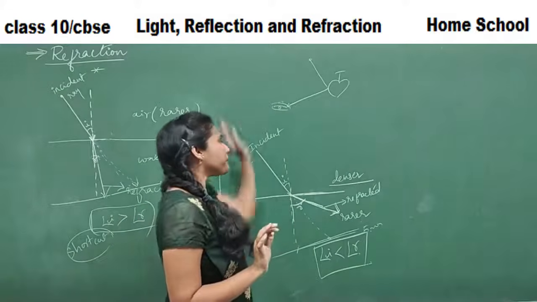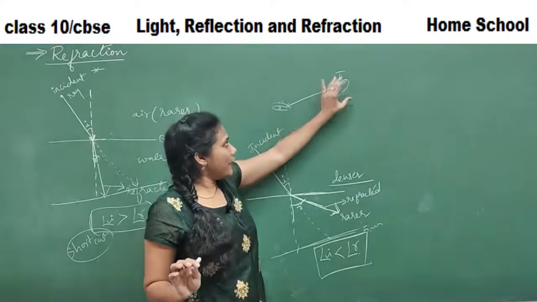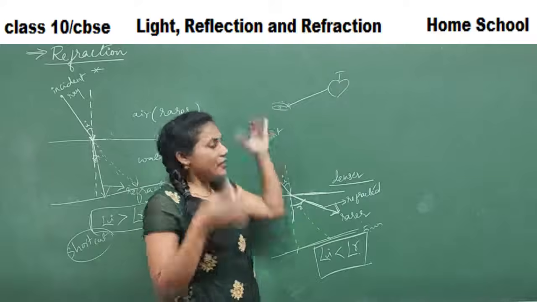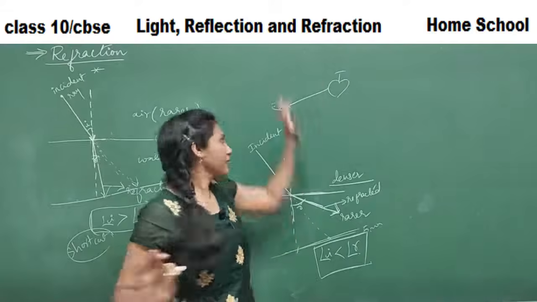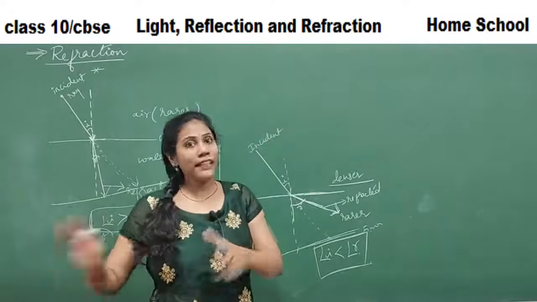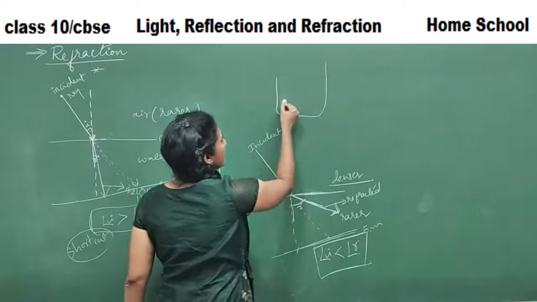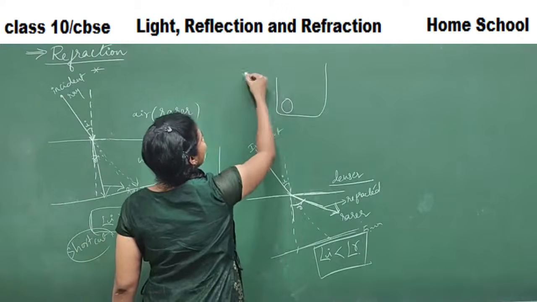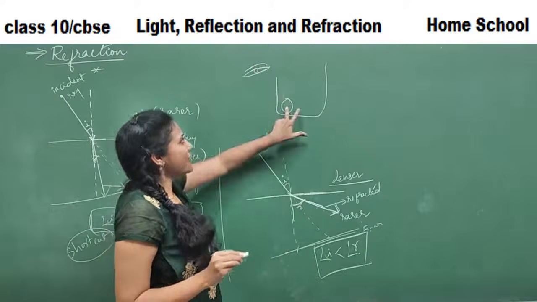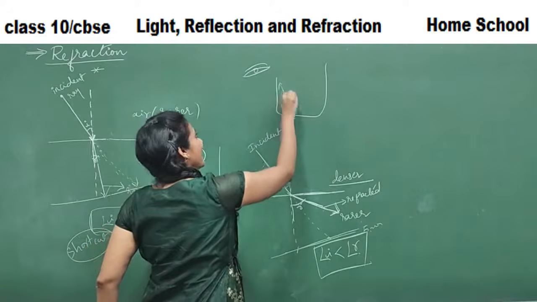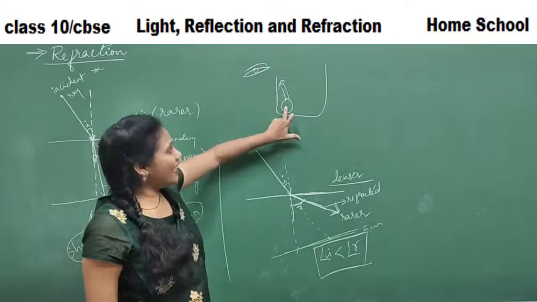And now, normally I can conclude that if any ray from an object is passing to our eye, we can see that object, right? And now I'll explain that bowl and coin thing. See, what actually happens is, this is a bowl, here I kept a coin, right? And I am there in this direction. When the rays start emerging, and if the ray reaches my eye, then I can see the coin.